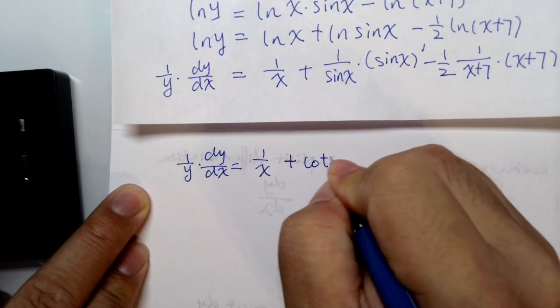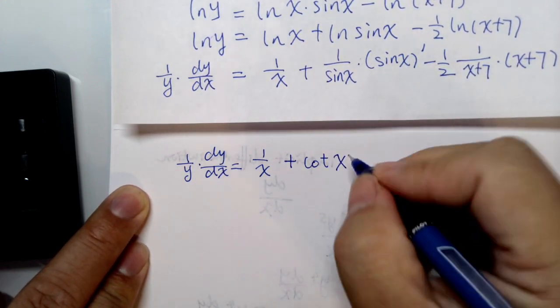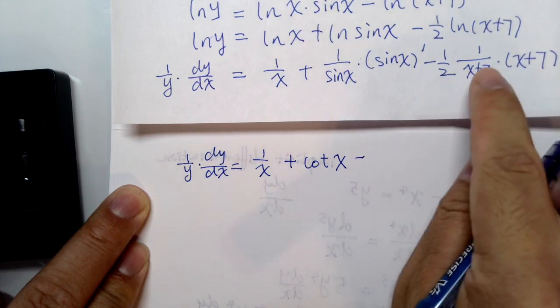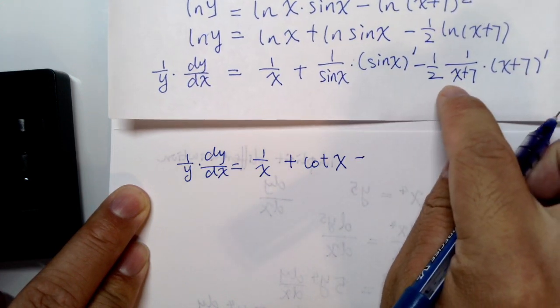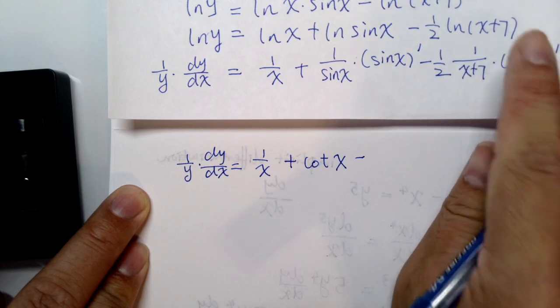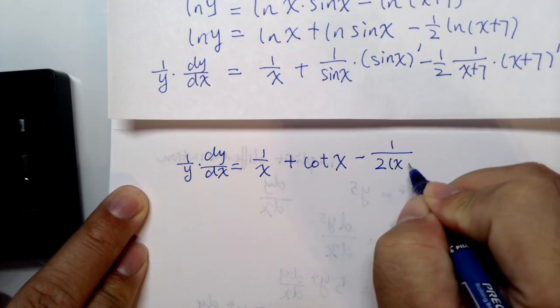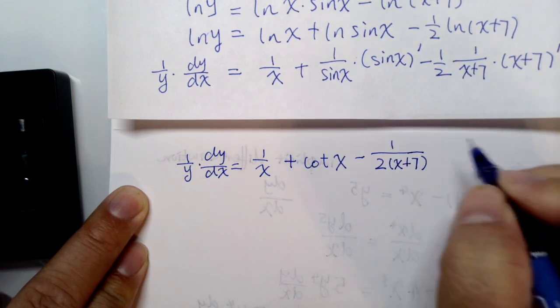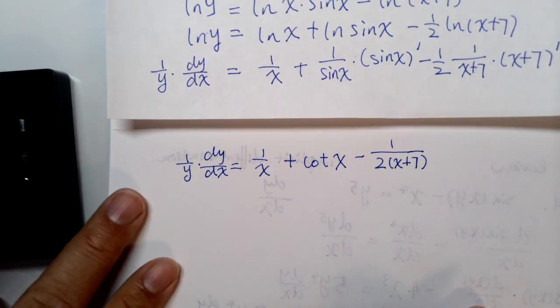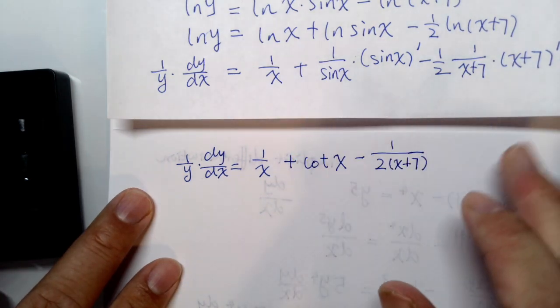Actually, it's cotan x. And then minus 1 over 2 times 1 over x plus 7. The derivative of x plus 7 equals 1, so you have minus 1 over 2 times x plus 7. That's the simplification for the right hand side.